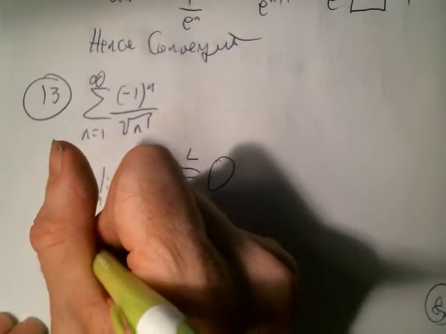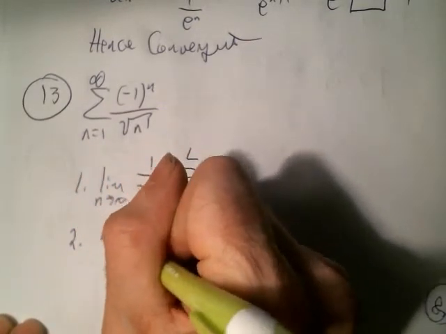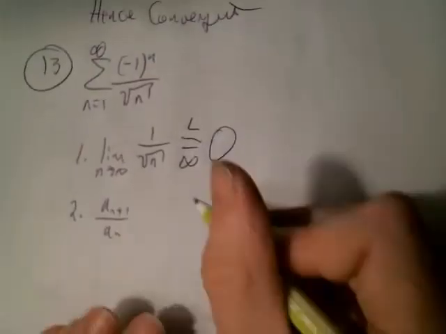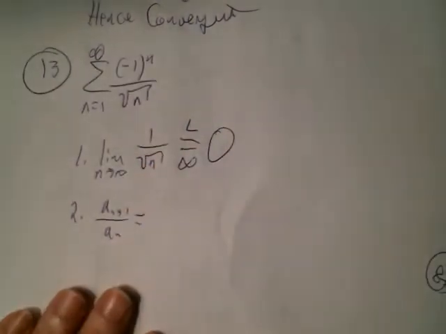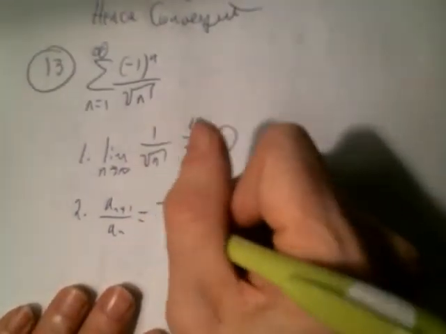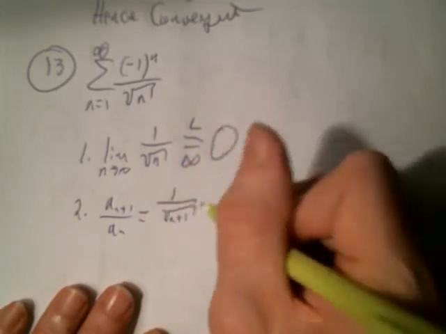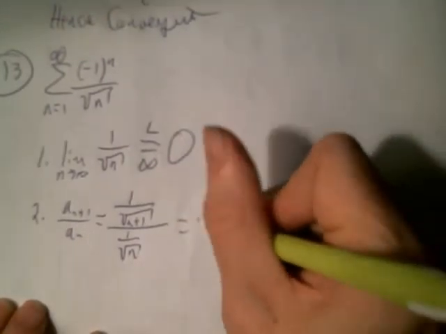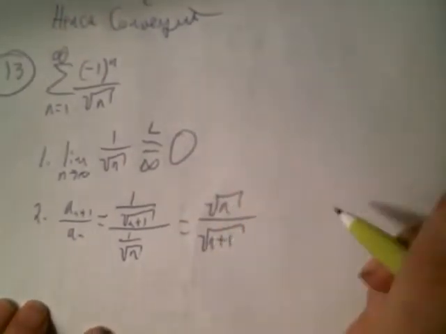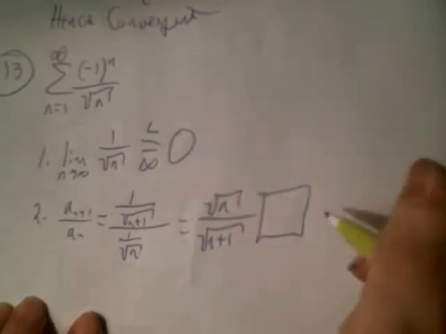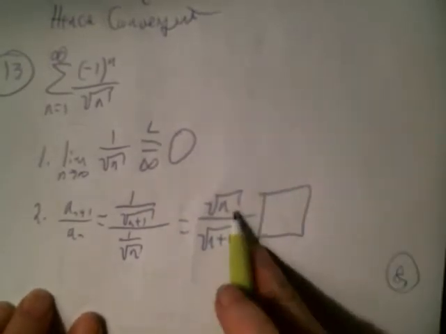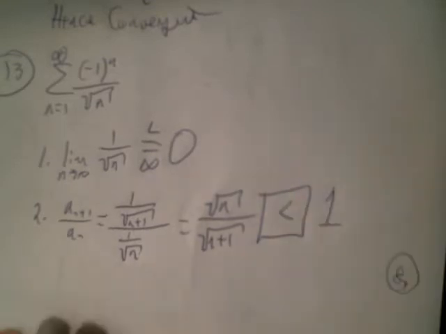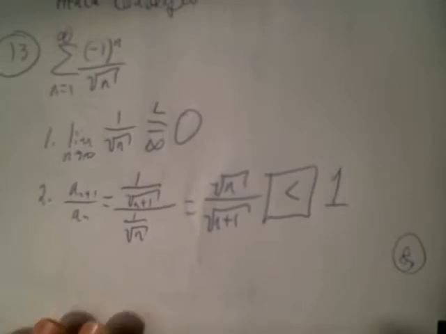So again, I'm going to do a sub n plus 1 all over a sub n. That's usually my go-to choice for proofs. So in this case, it'll be 1 all over square root of n plus 1 divided by 1 over square root n. That's equal to square root n all over square root n plus 1. And then when n is greater than 1, obviously you have something small over something big, and that's always going to be less than 1 in my book. So it's convergent.